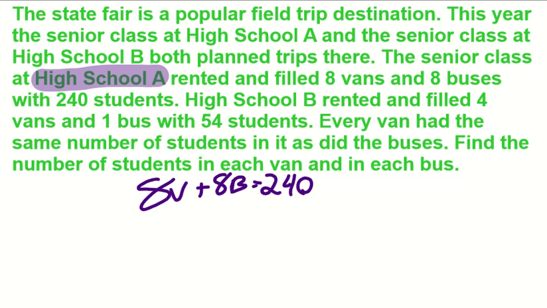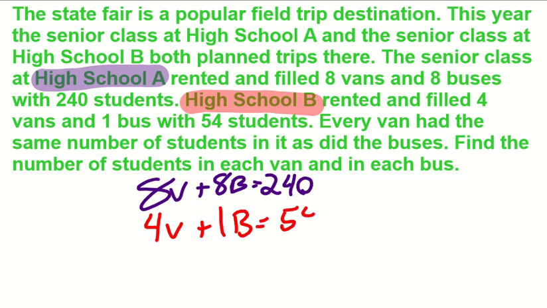High school B has 4 vans and 1 bus, and they've got 54 students. Every van had the same number of students in it as did the buses. All that means is each one was filled with the same amount of kids. We need to find how many are in each van or each bus.